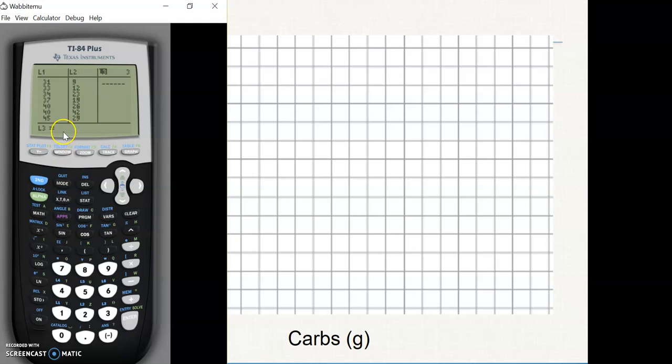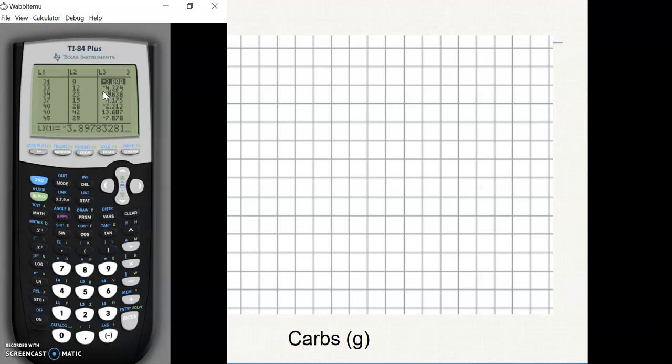While L3 is highlighted, we type in what L3 is going to equal. We go 2nd STAT, so we're in the list menu, and go down to number 7, where it says RESID. Beautiful. We've found the residual of each data point.